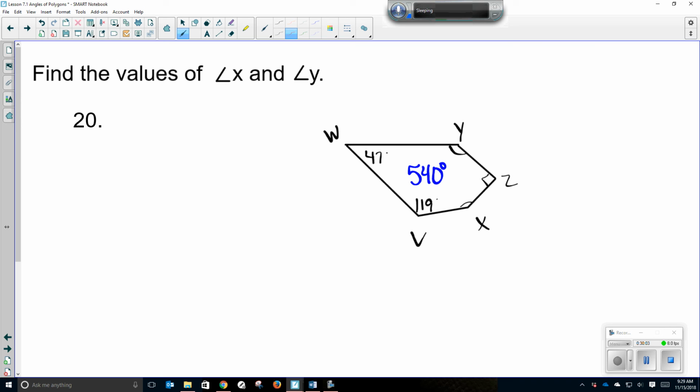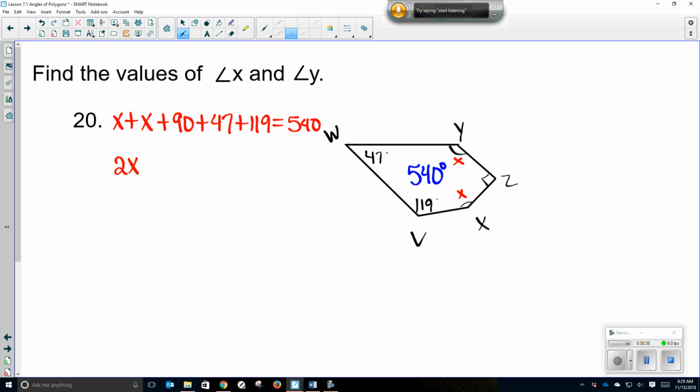So if I want to use a variable, I can, but it's going to be weird if I use x because I have x here and y here. But I can use x because these are capital letters. So I could use x because it's lowercase. And if this is x, right? If they're congruent, if one is x, they're both x. So x plus 90 plus 47 plus 119 has to add up to 540.